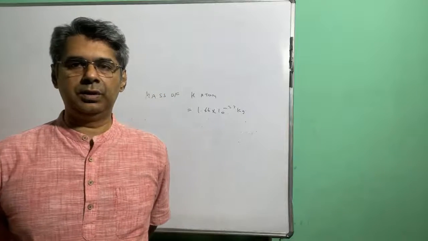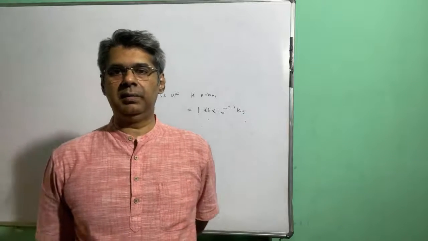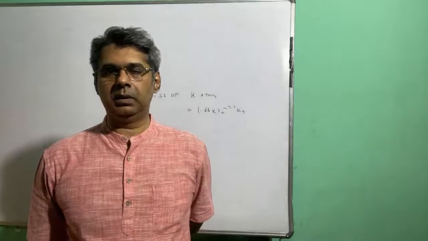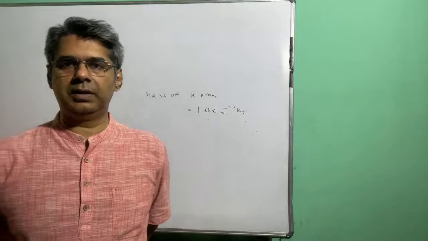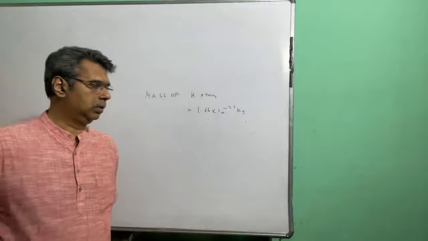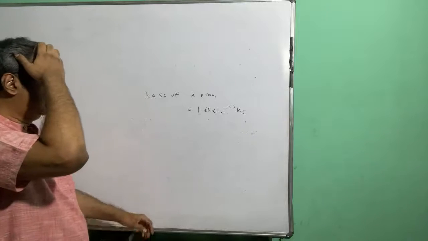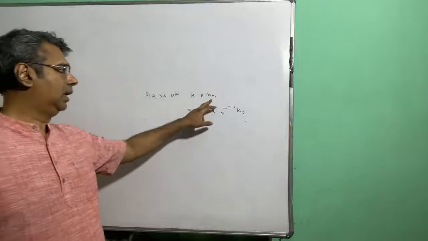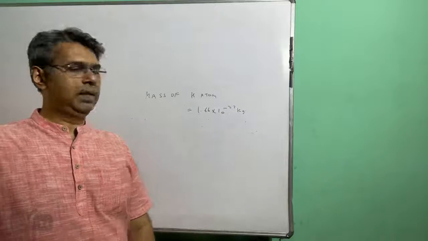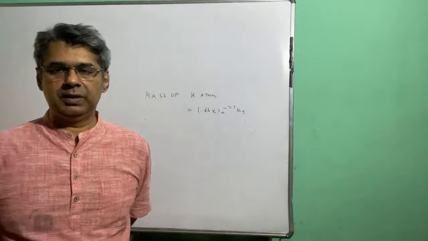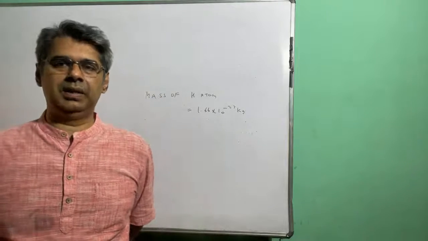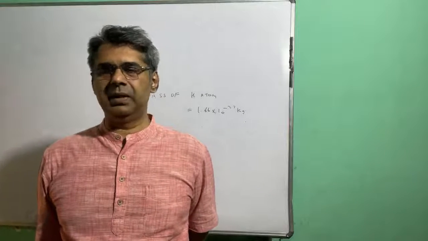Now, many years ago, all over the world, the scientists knew that the lightest element on Earth is hydrogen. So that had become common knowledge that the lightest element known to man is hydrogen. The mass of one hydrogen atom is 1.66 into 10 to the power minus 27 kg.